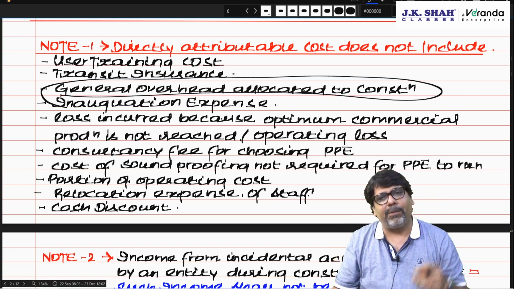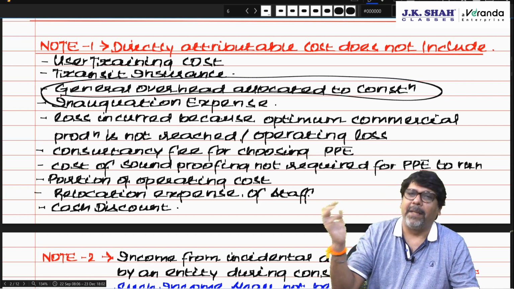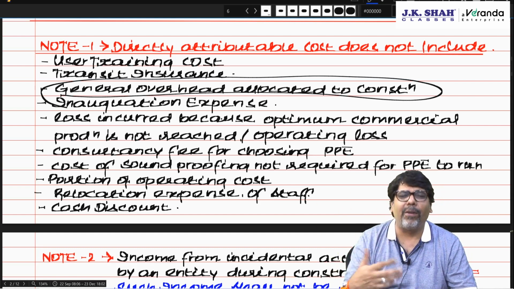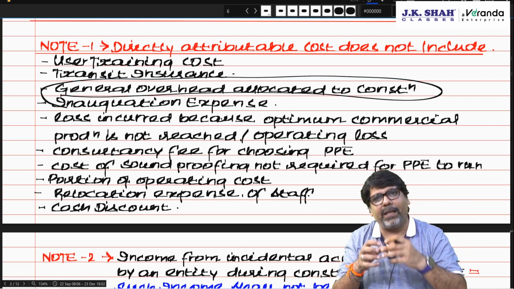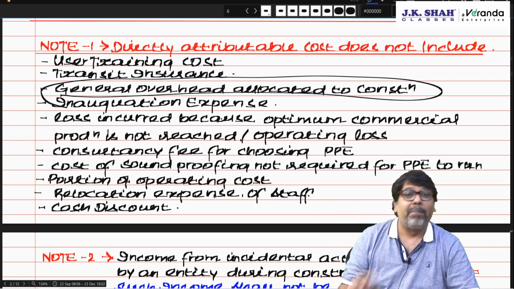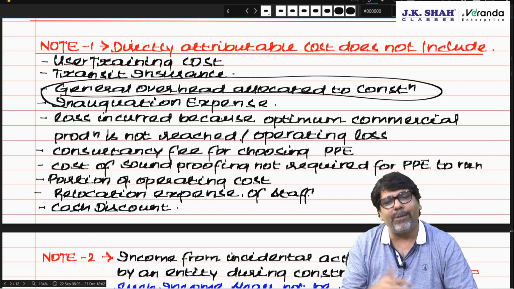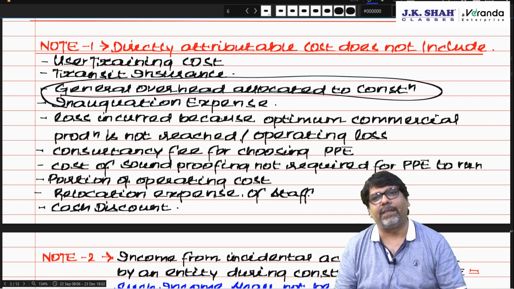No. Suppose for construction, some laborers did not come, sometimes the material had not come, so a lot of phone calls were happening. Can I say a certain 10% of the phone bill will be allocated to the construction? No. Because of construction, sometimes in the office people were staying late, working for an extra 2 hours finalizing the plan.